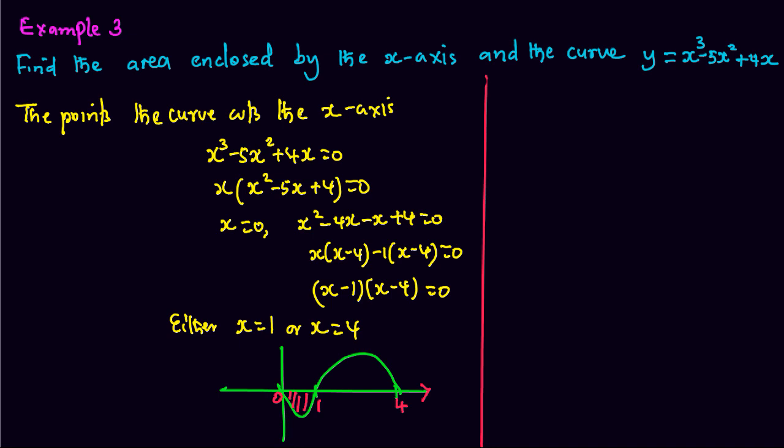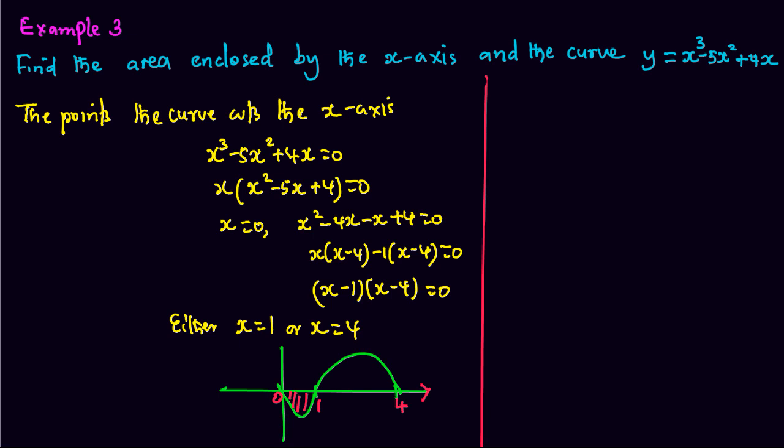And therefore, they are calculated independently. Areas below are calculated independently. Areas above are also calculated independently and eventually added. So we will integrate, we'll find the area in 2 parts.